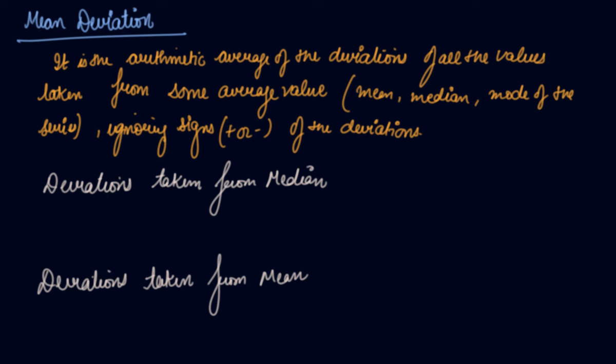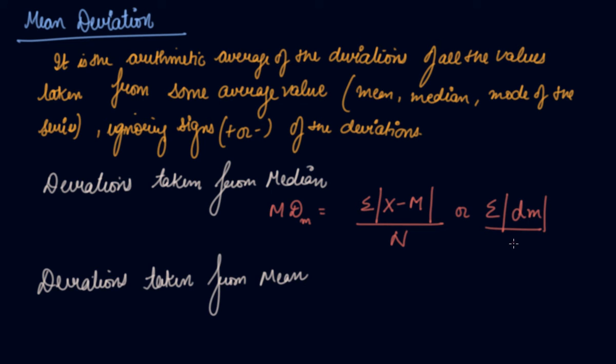So you calculate the mean deviation using median: summation of x minus m, ignoring the sign, divided by the number of observations. Or you can also say it as the deviation taken from the median divided by number of observations.